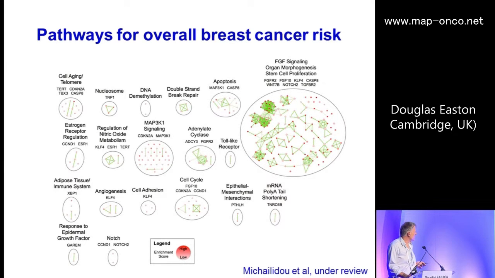If you look at the genes, to the extent that we can identify them, a whole series of different pathways are involved. The most predominant one is FGF signaling, but there's a number of other interesting targets, some of which have never previously been suggested, and so there's a lot of biology to try and work out there.